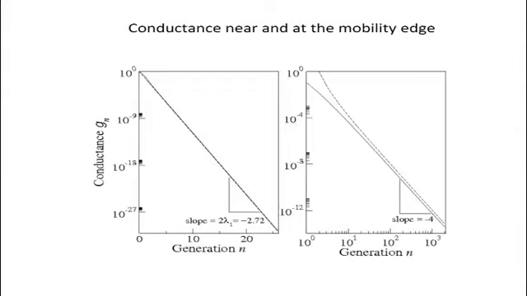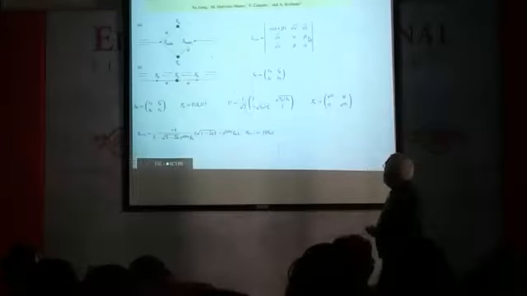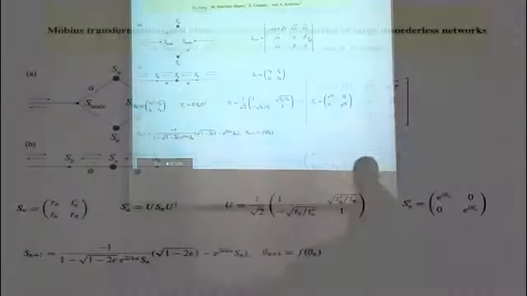That means we're not trying to imagine what happens with the scattering quantities, but we're actually able to sit analytically at the mobility edge. And what we have, this is just numerical corroboration, is a power law behavior of the conductance.